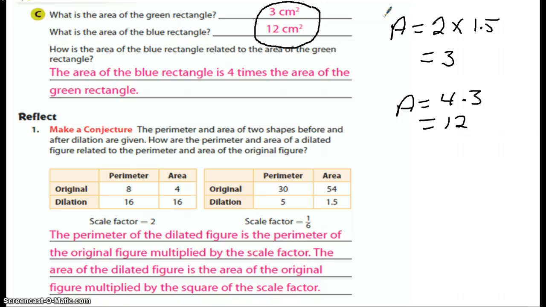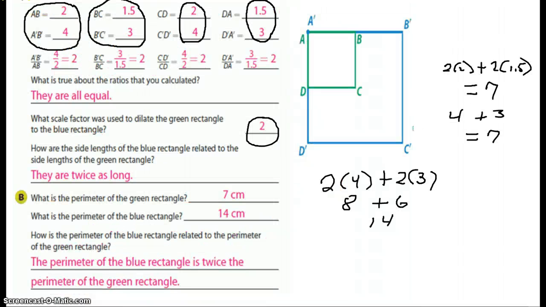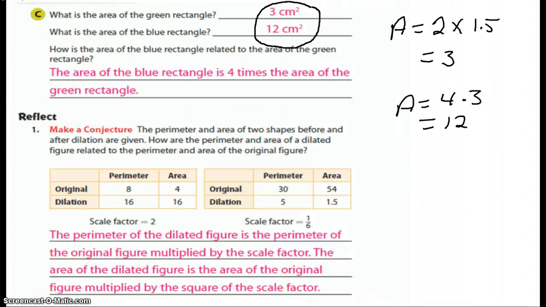Okay, so how's the area of the blue rectangle related to the area of the green? The area of the blue rectangle is 4 times. Wait a minute. 4 times. We said over here that we had a scale factor of 2. So how would the area be 4 times if we just have a scale factor of 2 and the perimeter is twice? Well, because perimeter is linear, the power is 1, so you're doing 2 to the first power, which is 2.